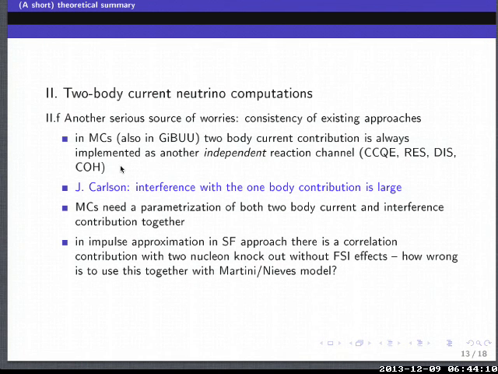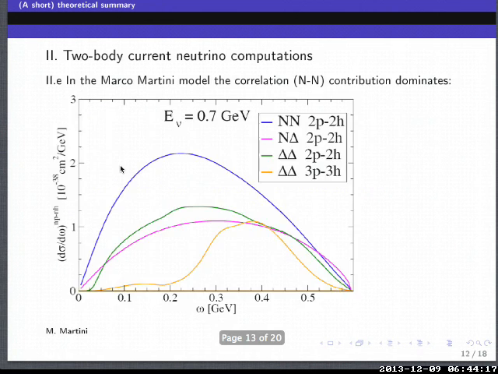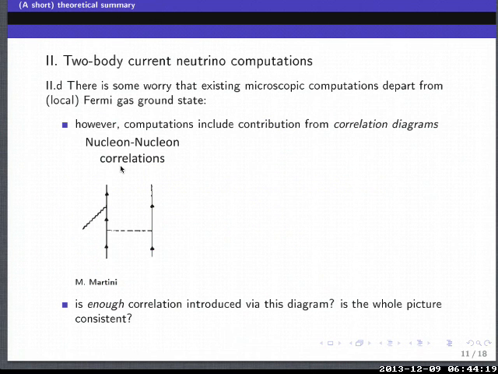Which diagram are you talking about? The one that was shown, this one. I don't know what that diagram is. It's two nucleons, an external current, and a pion exchange, I think. I don't know whether there is a pion or maybe some other bosons in your model.